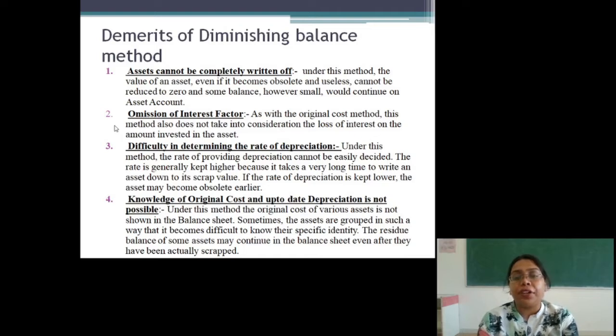Difficulty in determining the rate of depreciation. Under this method, the rate of providing depreciation cannot be easily decided. The rate is generally kept higher because it takes a very long time to write an asset down to its scrap value.